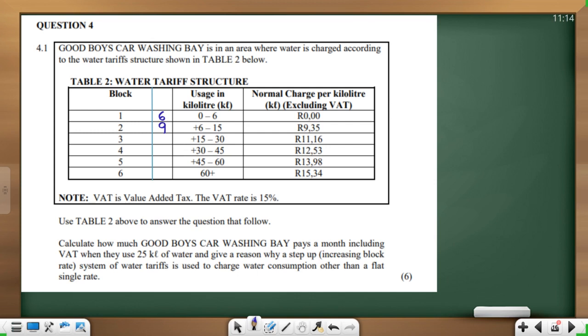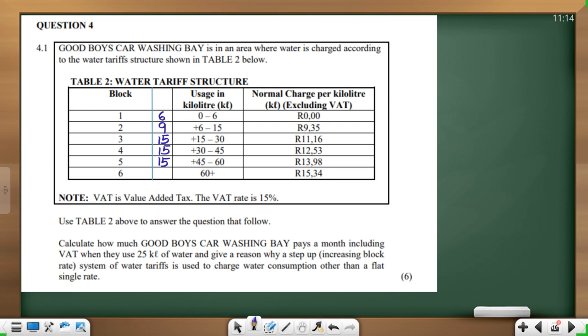In block 3, 30 minus 15, it's 15. 45 minus 30, this is the first thing you do, please. 60 minus 45 will also give you 15. So you are calculating the amount per block. That is key.